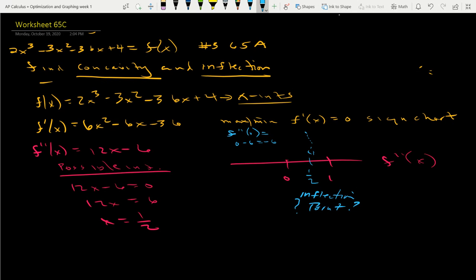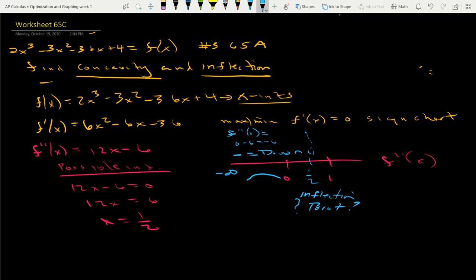So therefore, this is negative, and so it is concave down, like a frown. From negative infinity to 1/2, it is concave down.